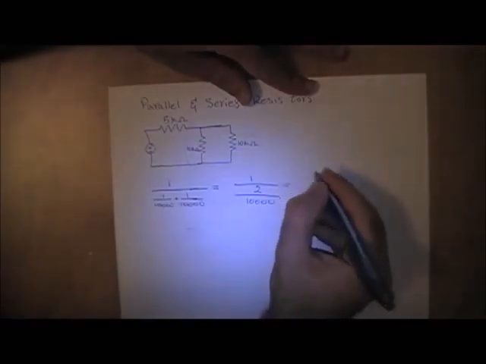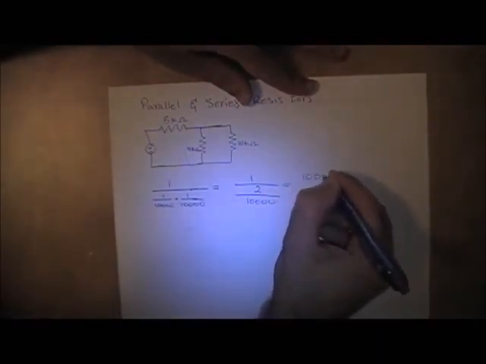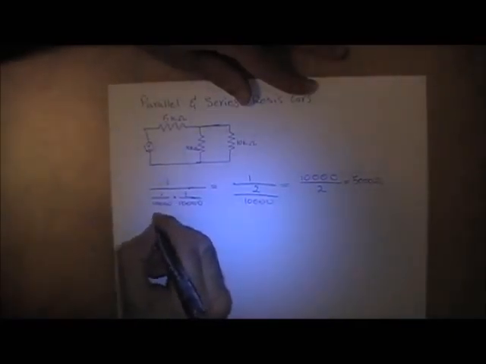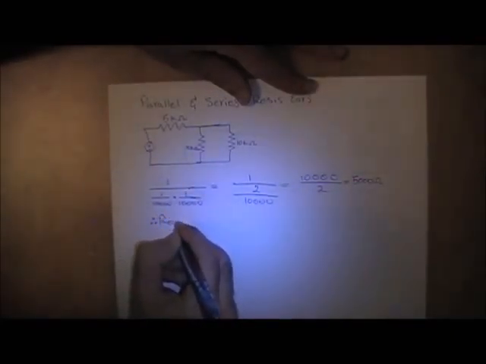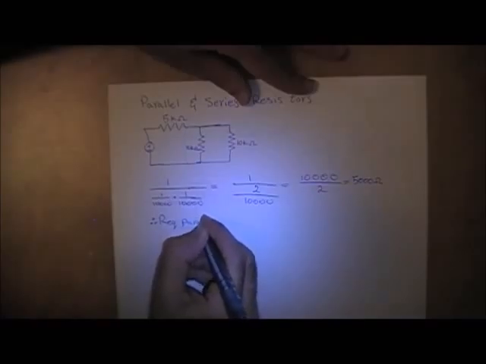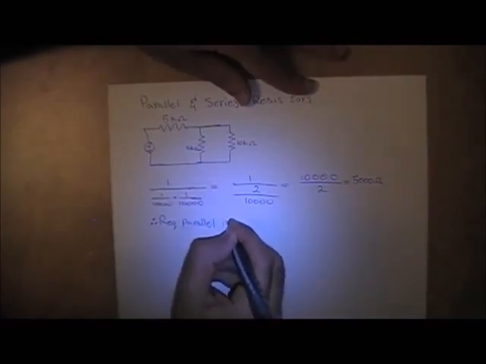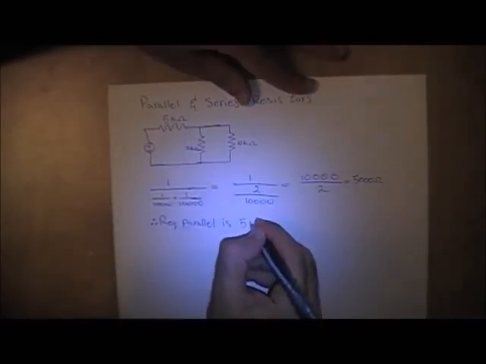And then when we take the inverse of this, it becomes 10,000 over 2, which is equal to 5,000 ohms. Therefore, my Req parallel is 5 kilo ohms.